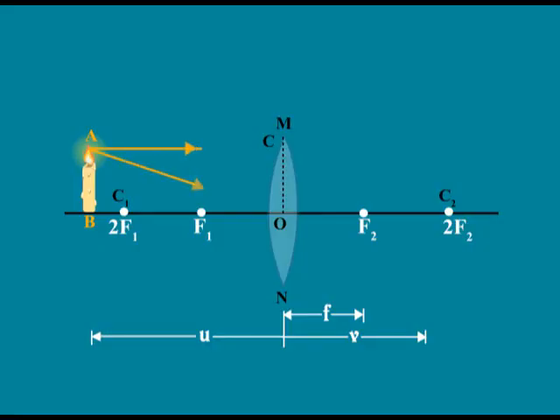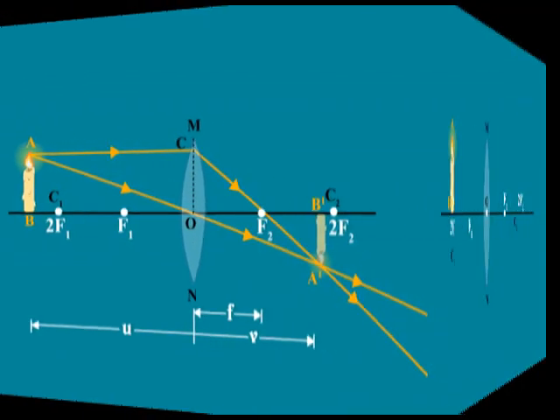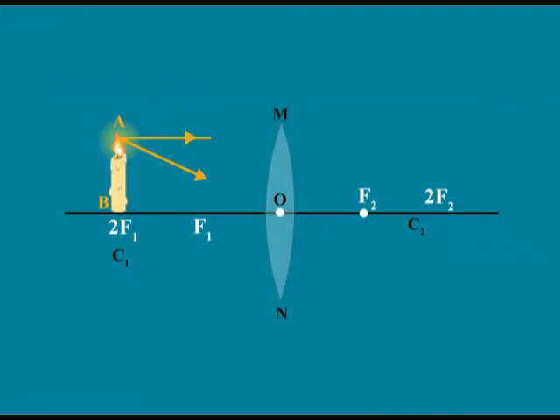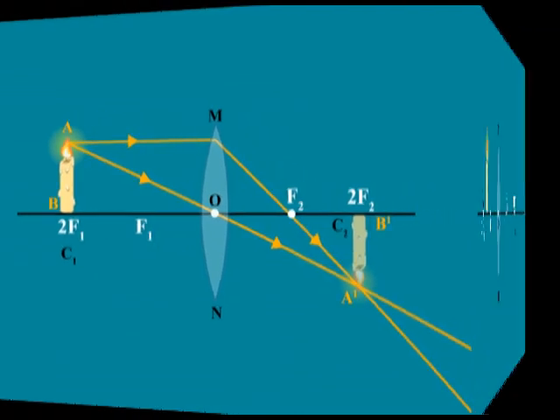Real means real intersection of refracted rays after refraction. Then you also learned that the size of the image changed, and what was responsible for that was, for the same lens, if you move the object in front of it, the distance of the object from the lens made all the difference to the image. It became smaller, it became bigger, it changed its size, but remained inverted.